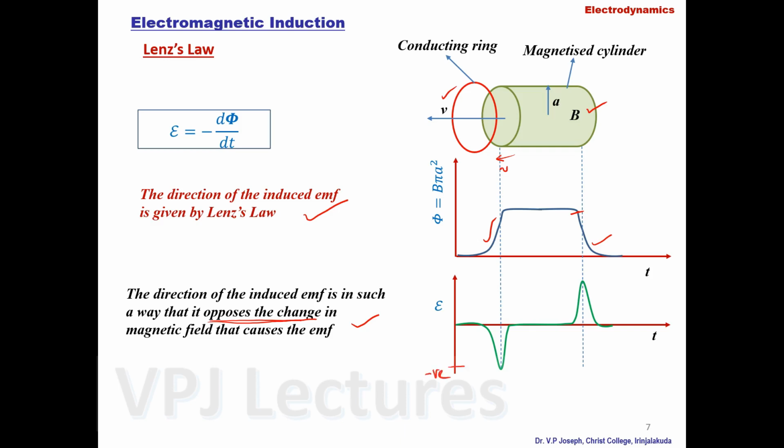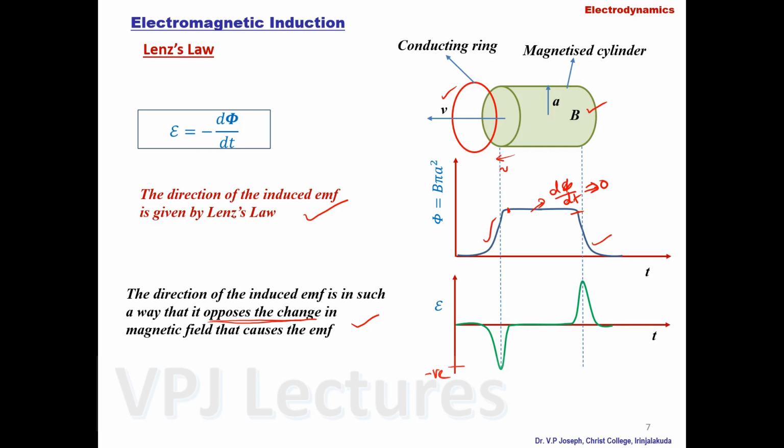And after reaching the maximum value around such a point, somewhere here, you can see that the magnetic field remains constant. Maximum value, constant region. So d phi by dt tends to 0.